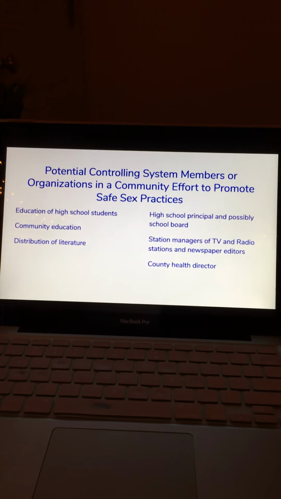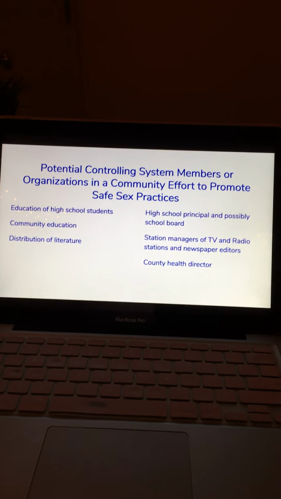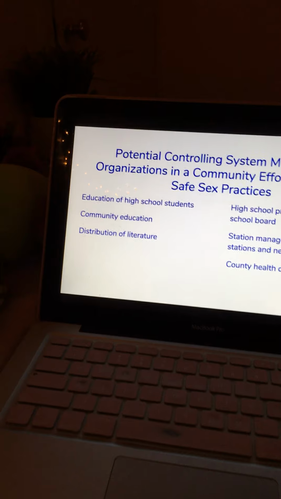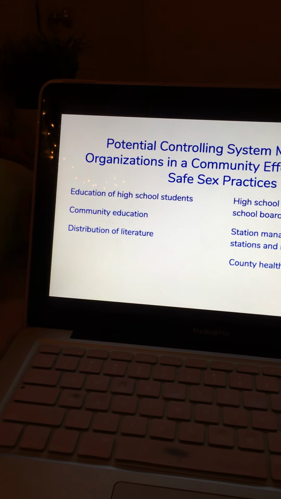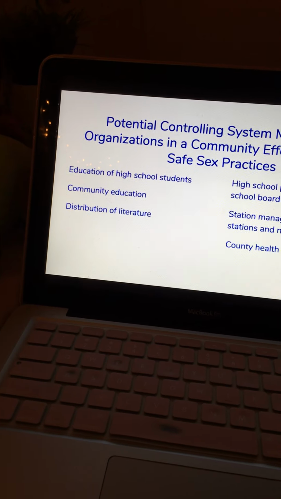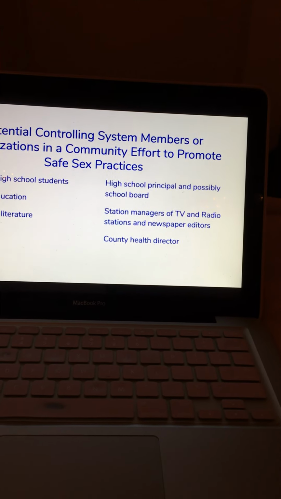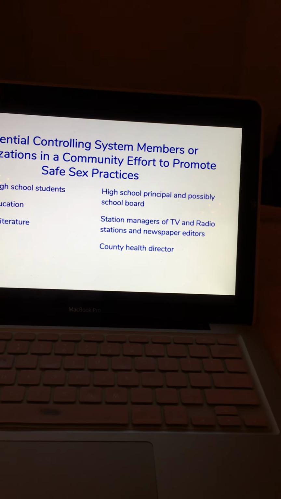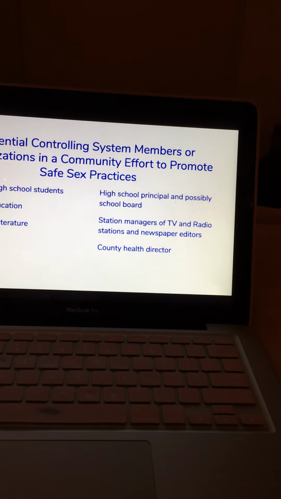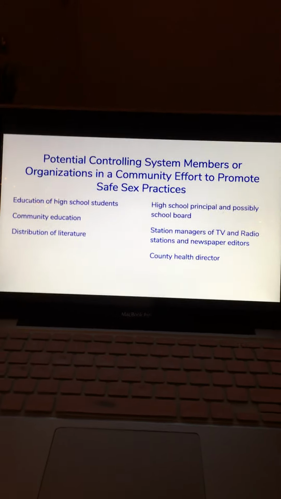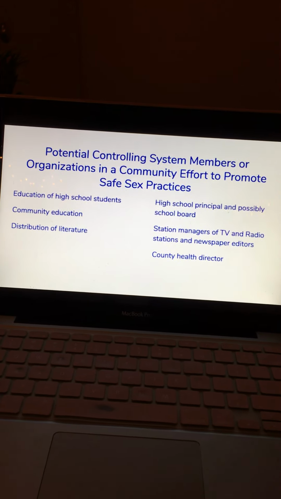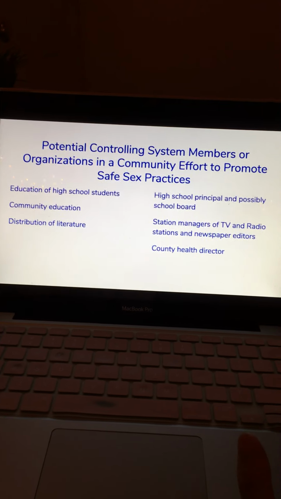So these are potential controlling system members of organizations, again, for our safe sex practice example. This can be education of high school students, community education, distribution of literature, high school principal and possibly school board, station managers of TV and radio stations and newspaper editors, and county health director. So those are our potential controlling system members for our safe sex example.